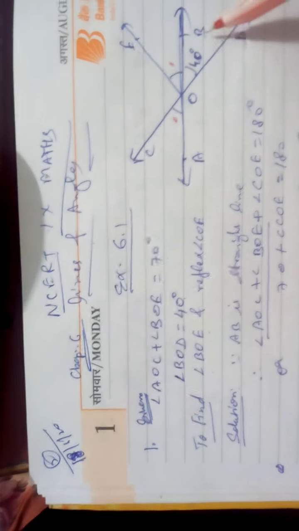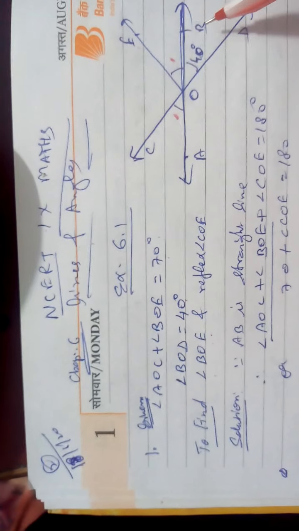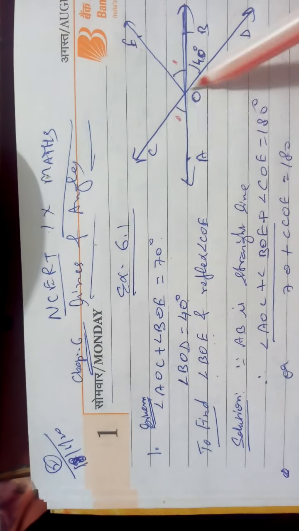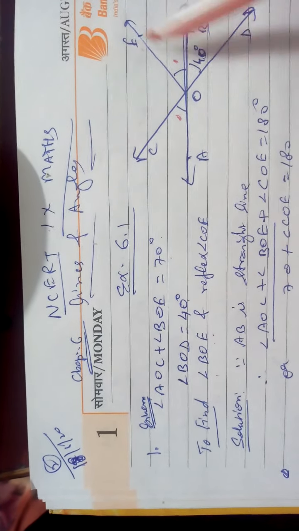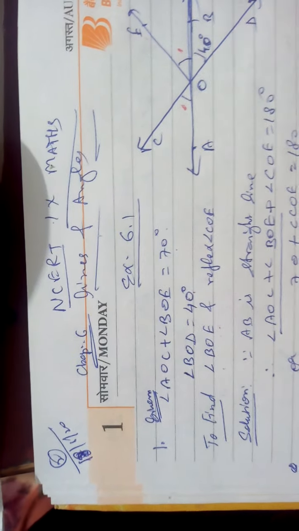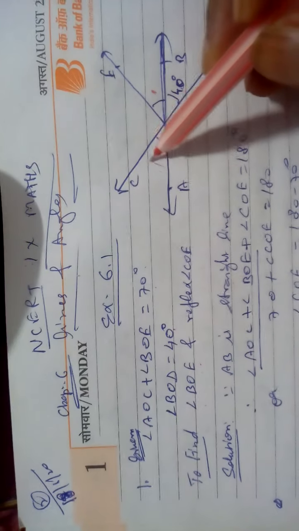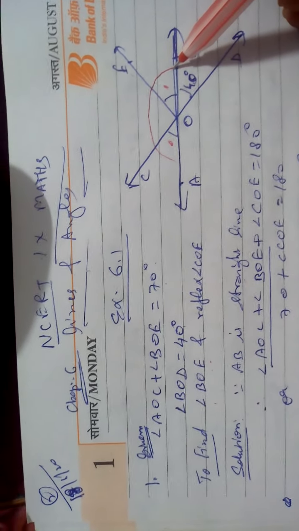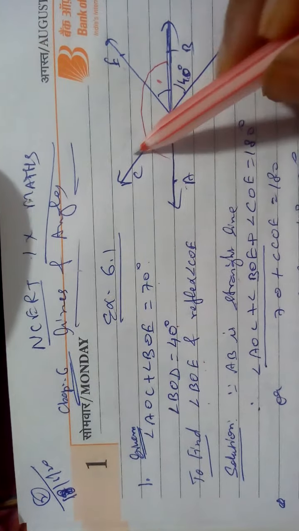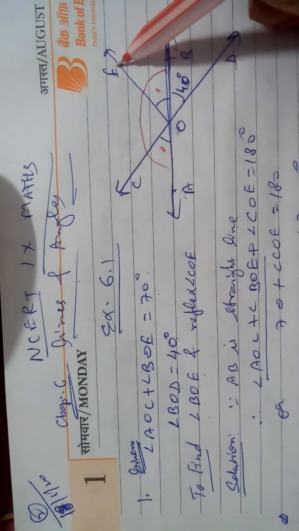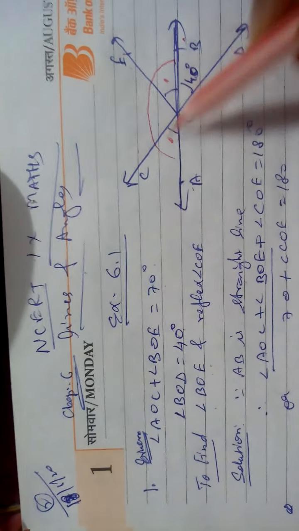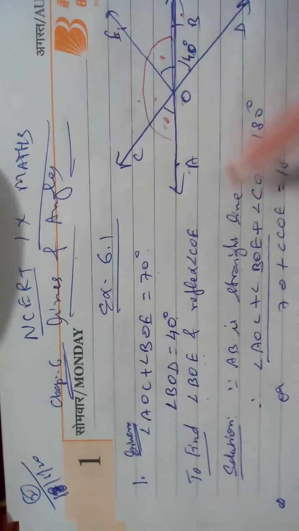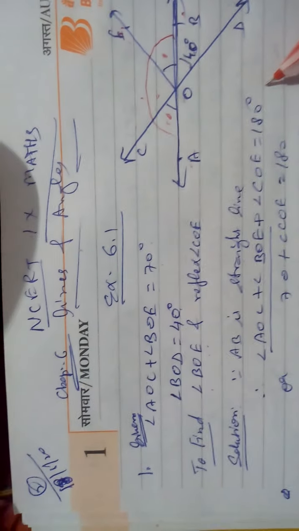Reflex angle COE means first we calculate COE, then subtract from 360. Because AB is a straight line, the sum of these angles is 180 degrees. Angle AOC plus angle BOE plus angle COE, all three angles sum to 180 degrees by straight angle.